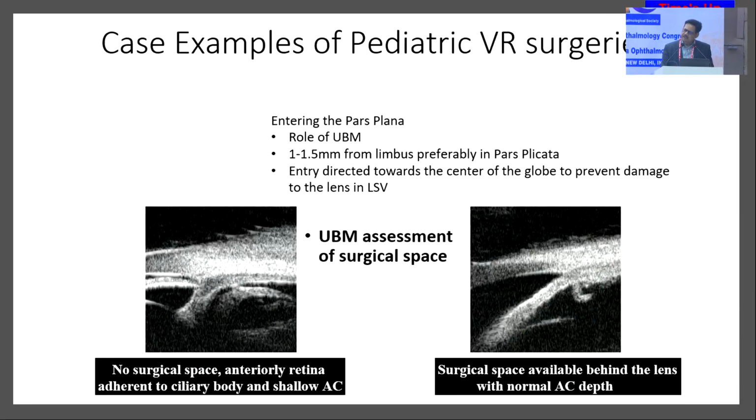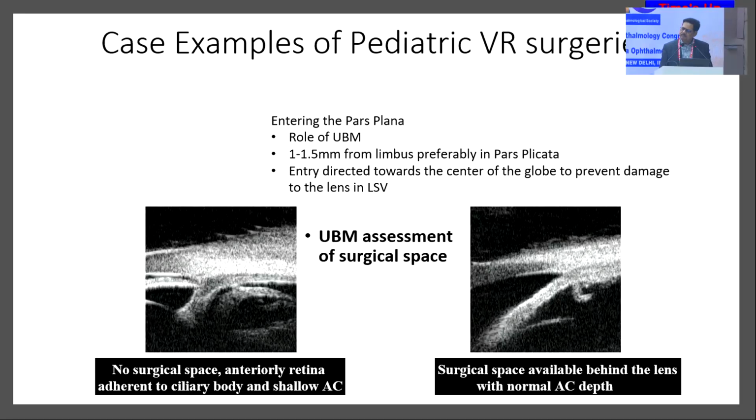And what we did was we did UBM in these cases, and we wanted to see how much is the space in the pars plana. If the space is very small, the ciliary body will come in front, and when you are putting the trocar, you may hit the retina because the retina is very close.